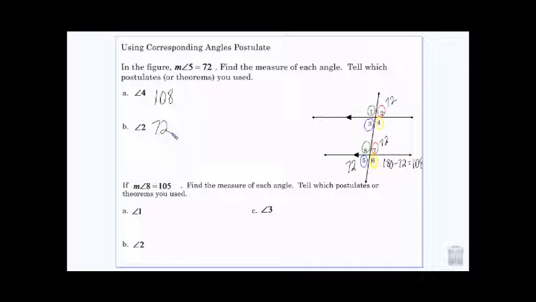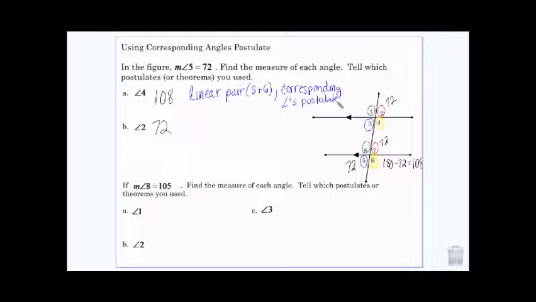Okay, and then we were supposed to tell what postulate or theorem we used. So in order to find angle 4, I first used the linear pair, the fact that 5 and 6 were a linear pair. And then I used the corresponding angles postulate, which is the one that tells me that those corresponding angles are the same.